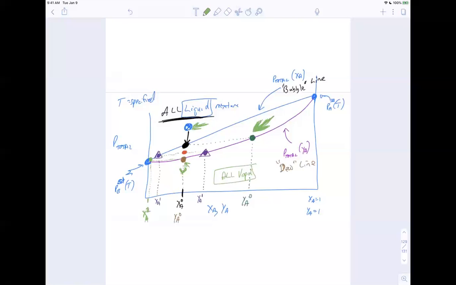And so in fact, we've enriched the vapor phase. There's a lot more in terms of mole fraction of A in the vapor phase. And that's something that is at the heart of separations. Because if you had started with all liquid, where you know what x of A is, you made something very expensive and very valuable. All you have to do now is get this thing to form vapor. And in that vapor, you have something that's really concentrated in A compared to what you started with. So you figure out how to make the vapor. In this case, all you have to do is decrease the pressure.